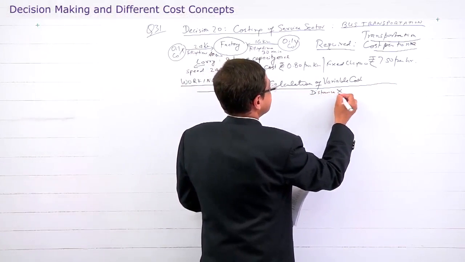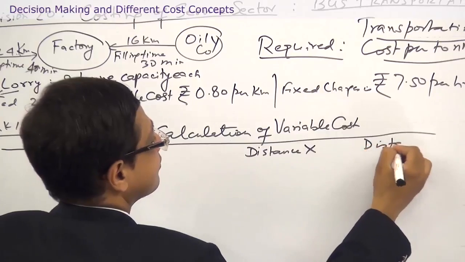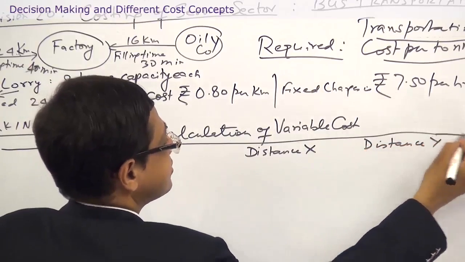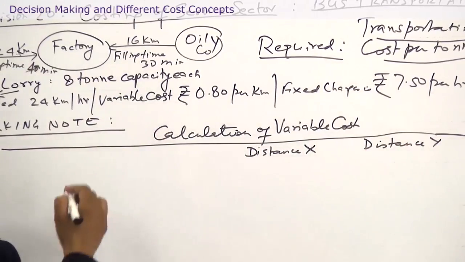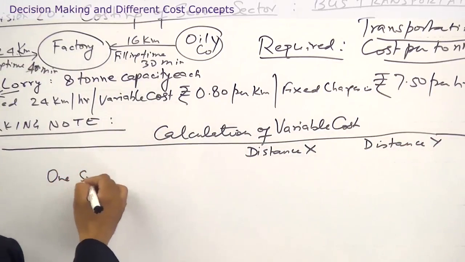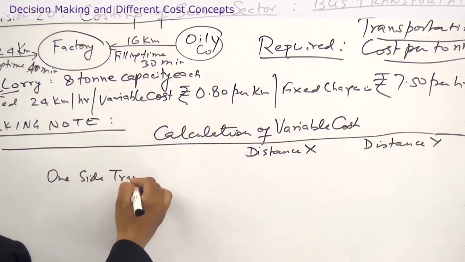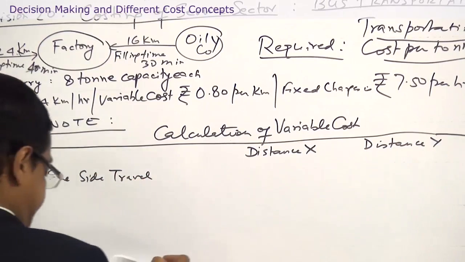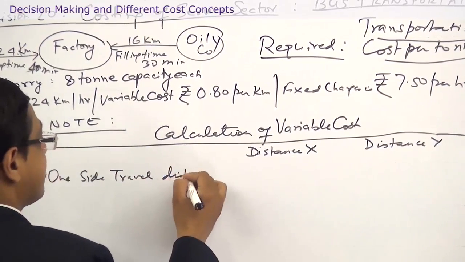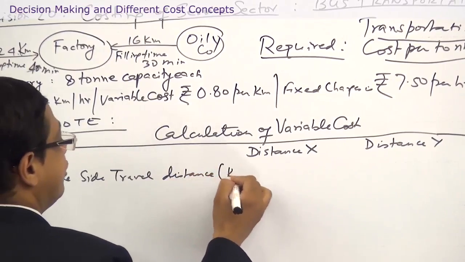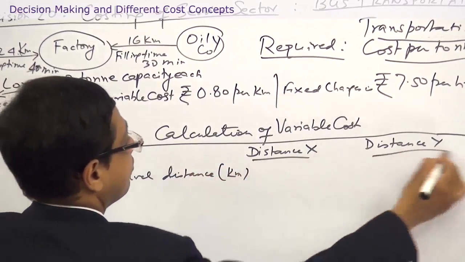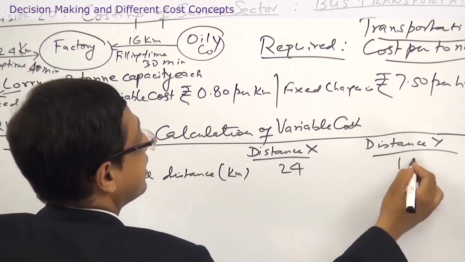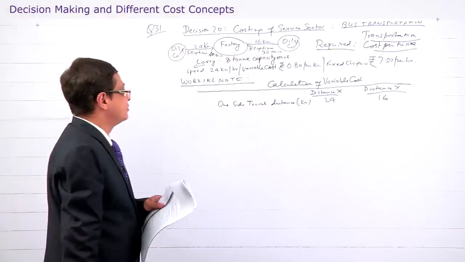Distance X and distance Y. So, the one-side travel distance in kilometer is 24 kilometer and 16 kilometer.